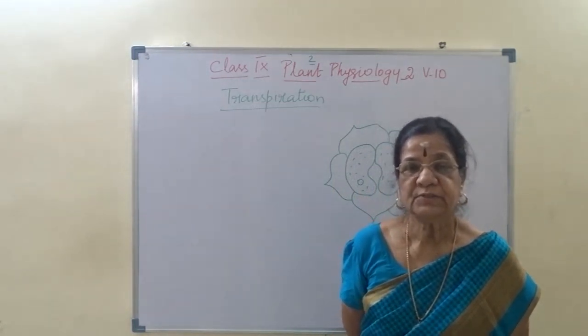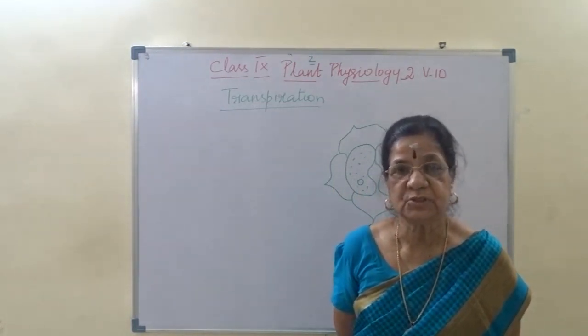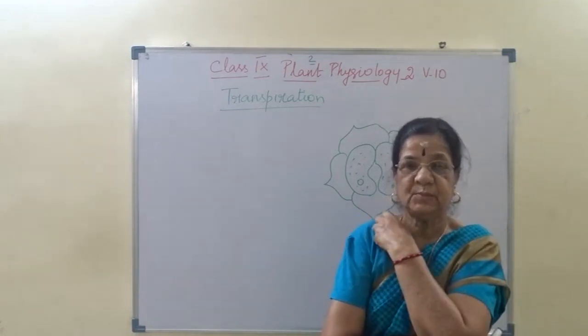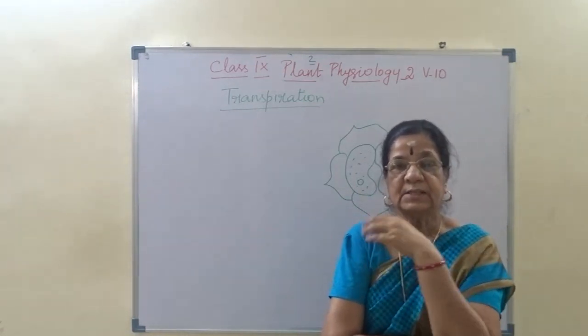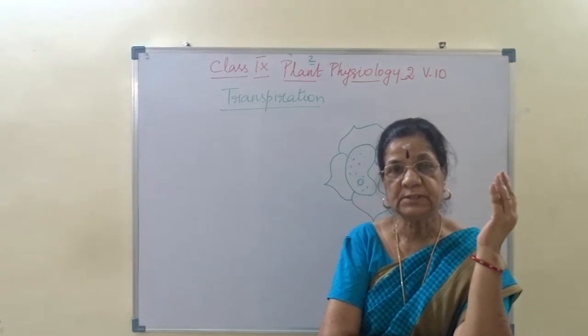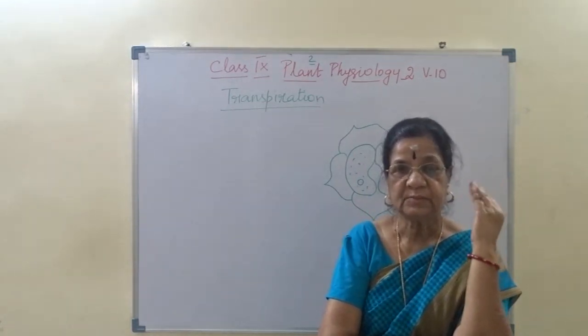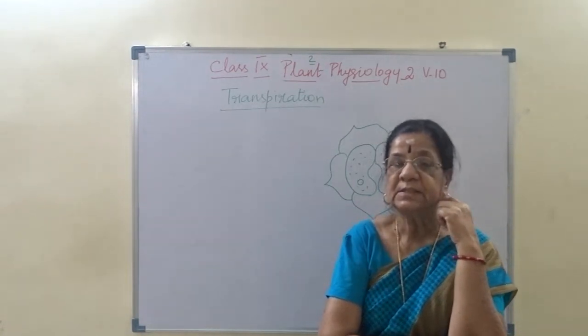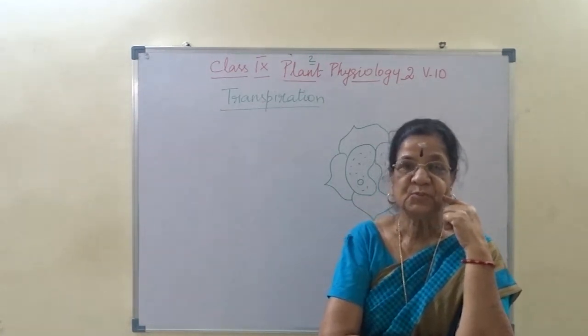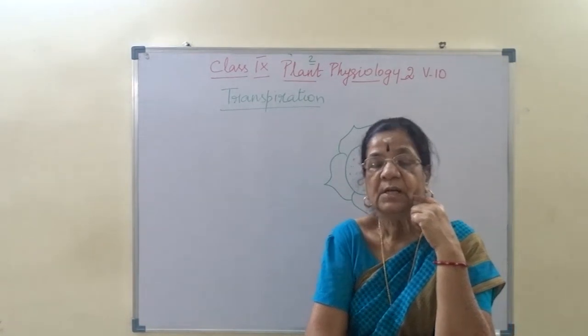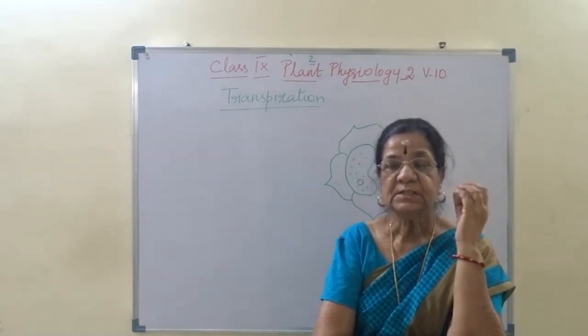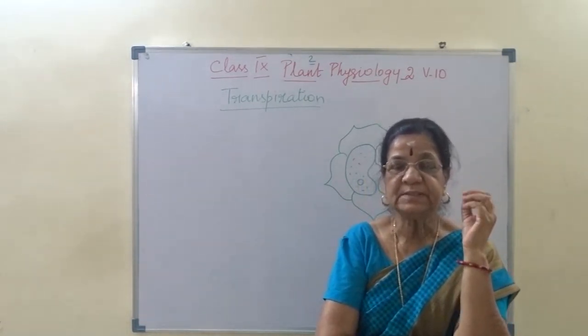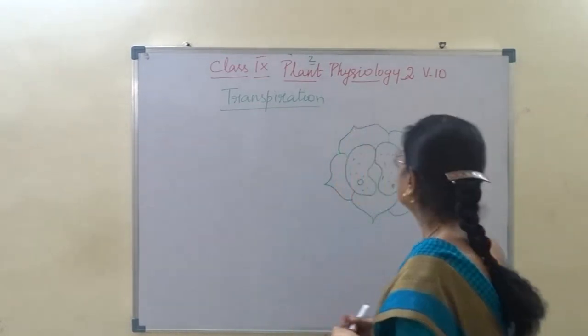Only the water necessary for photosynthesis is taken by the green leaves, and the other excess water is evaporated in the form of water vapor. That is called transpiration.